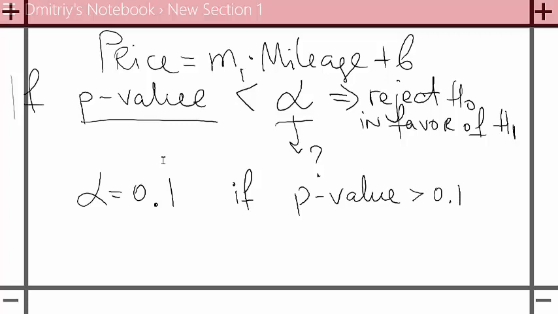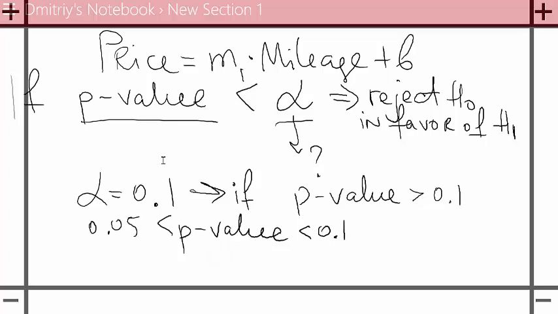We have no evidence to support alternative hypothesis at all. We're going to always keep null hypothesis, okay? If that is the case, if p-value is greater than 0.1, okay? Then there is a case when the p-value is lower than 0.1, less than 10%, but more than 5%, okay?